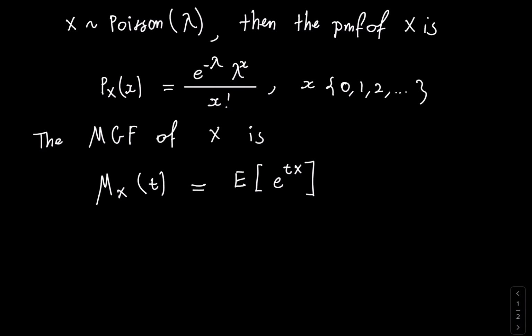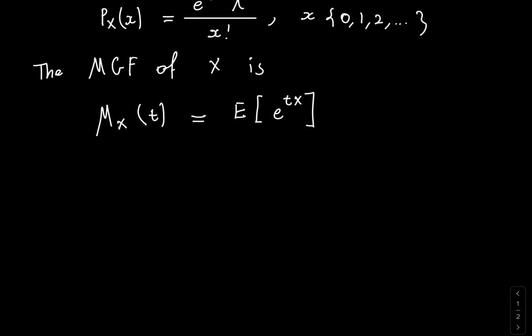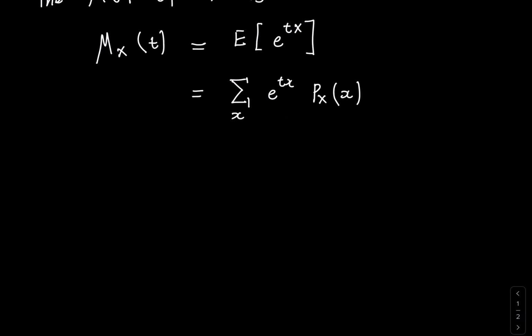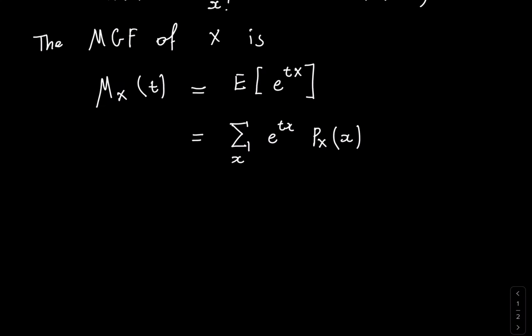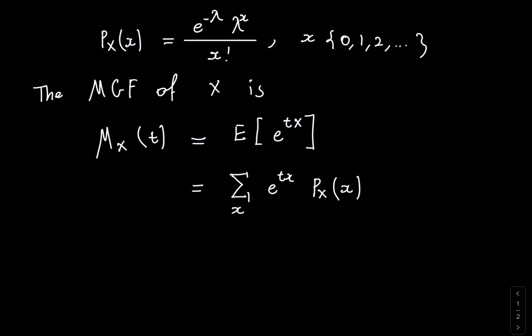In the case of a discrete random variable, which the Poisson distribution is, we can use the formula: the sum across all x values of e to the tx times p_X(x). That's our generic definition.